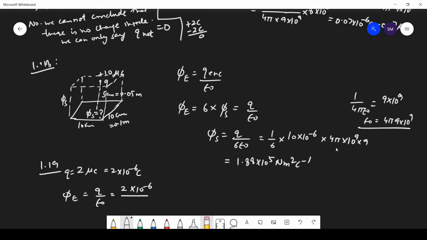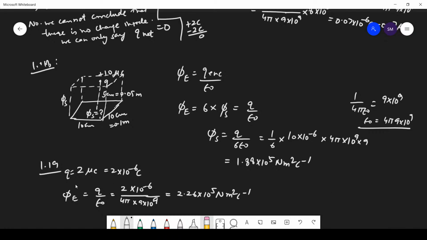We know the value of epsilon naught, 4 pi into 9 into 10 power 9, and this comes out to be 2.26 into 10 power 5 newton meter square per coulomb.